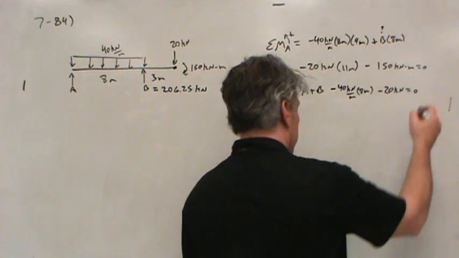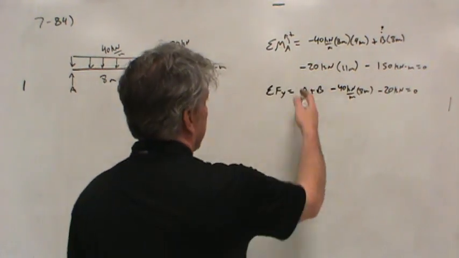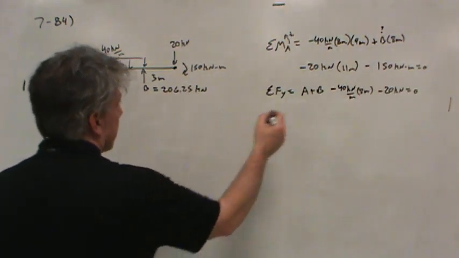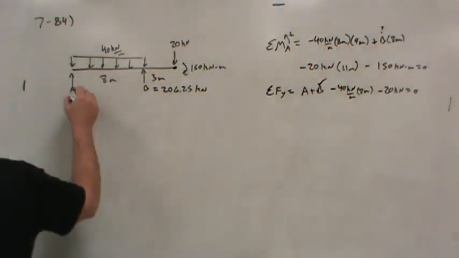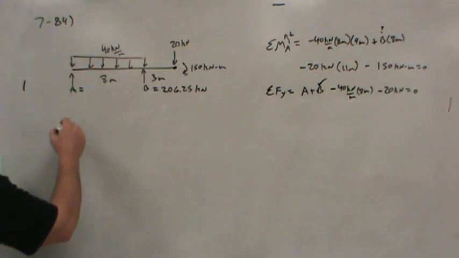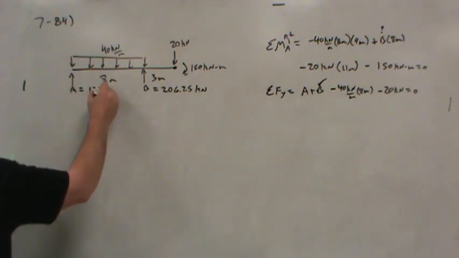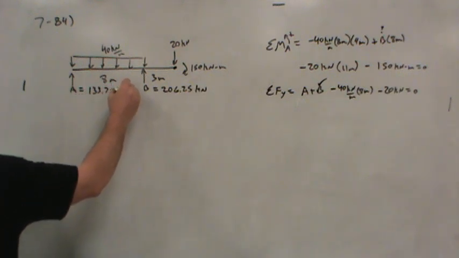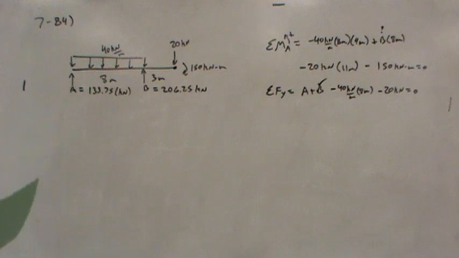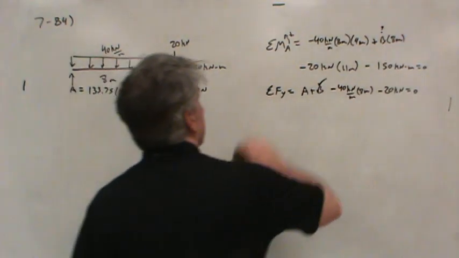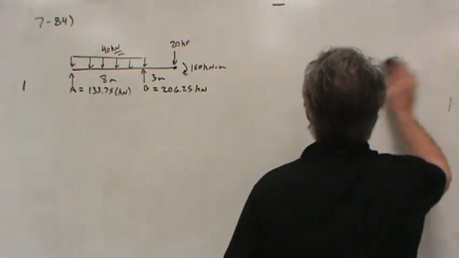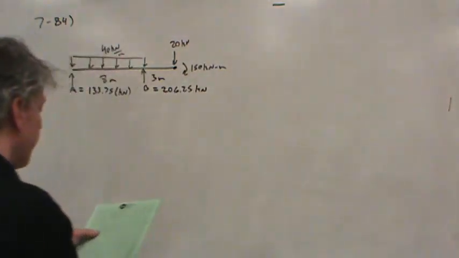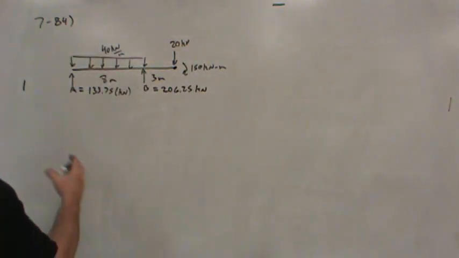And those are all the forces that act in the vertical direction. So from this, you can solve for A, since of course you know the value of B, and that's 133.75 kilonewtons. Fine. So we've got the reactions at the supports of the beam, but again, that's not the point of these problems. So the point is to get the shear and moment diagram.